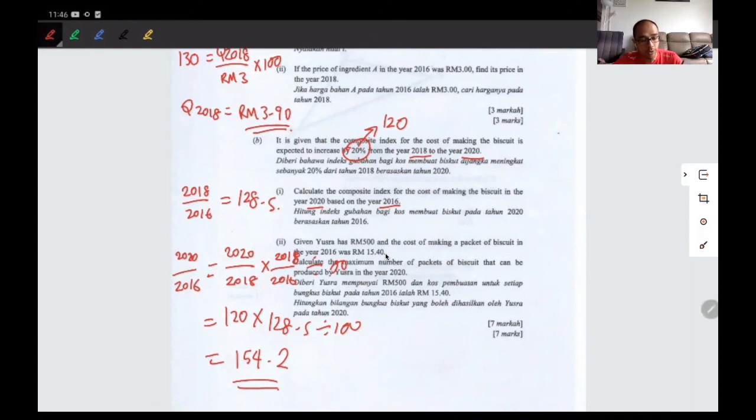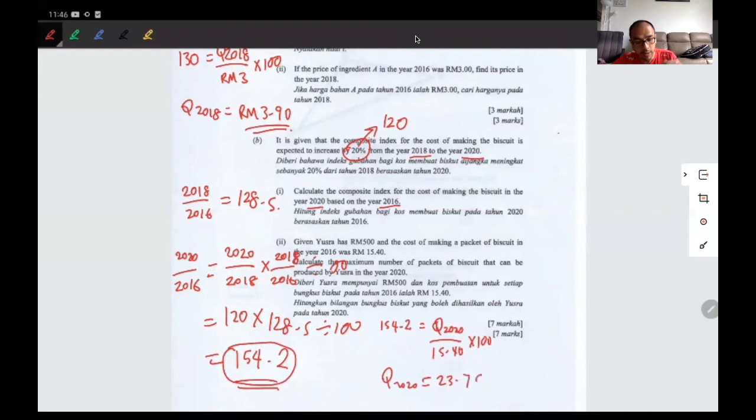But you know already the composite index for 2020 over 2016. So 154.2 equals to the price in 2020 over 15.40 times 100. So you get the price of 2020 according to this is 23 ringgit and 75 cents.